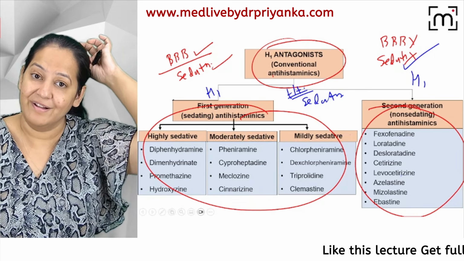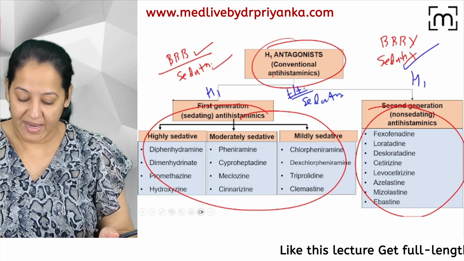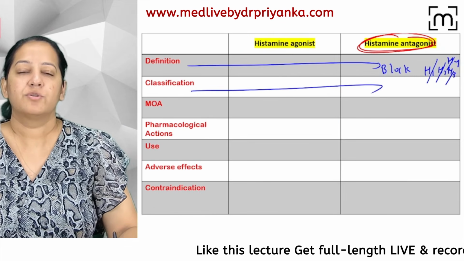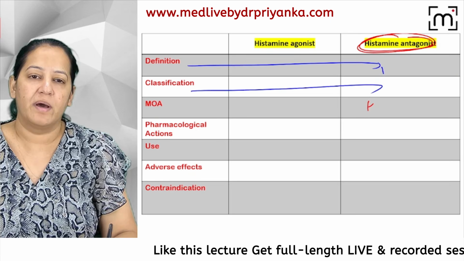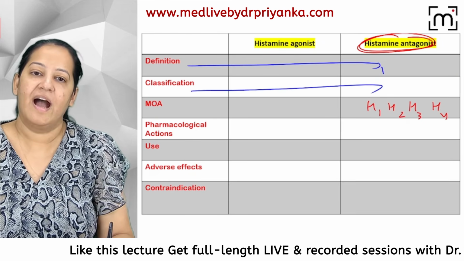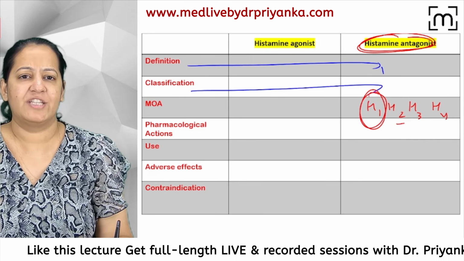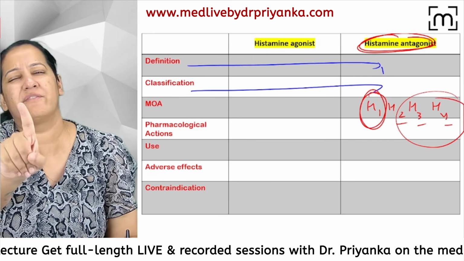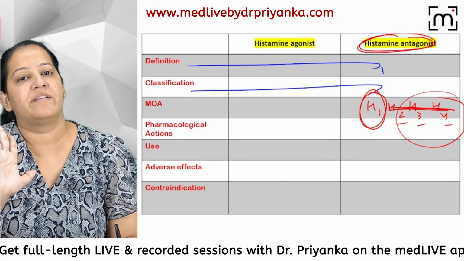One more difference is there. First, you understood this difference. I am talking about antihistaminics; I started the chapter on antihistaminics. There are 4 types: H1, H2, H3 and H4. I am teaching you H1 first in detail. H2, H3, H4, I will tell you in one line in the end. Don't worry, you don't have to go into detail.